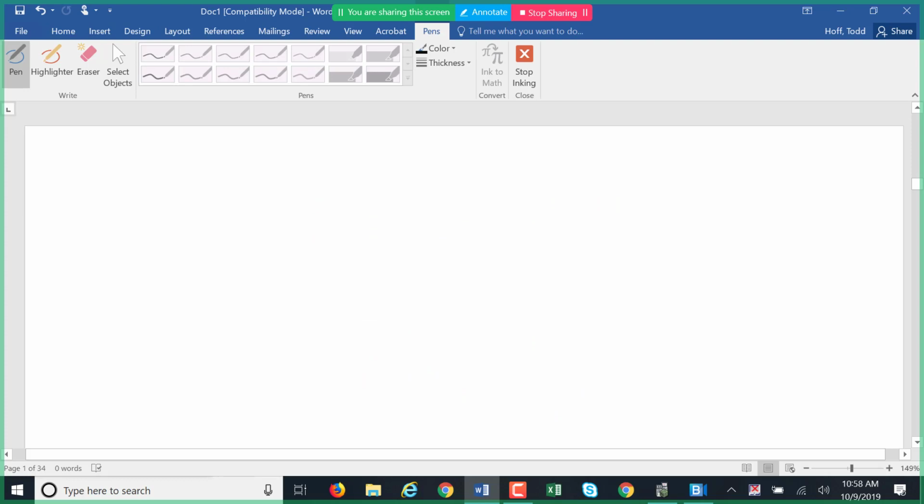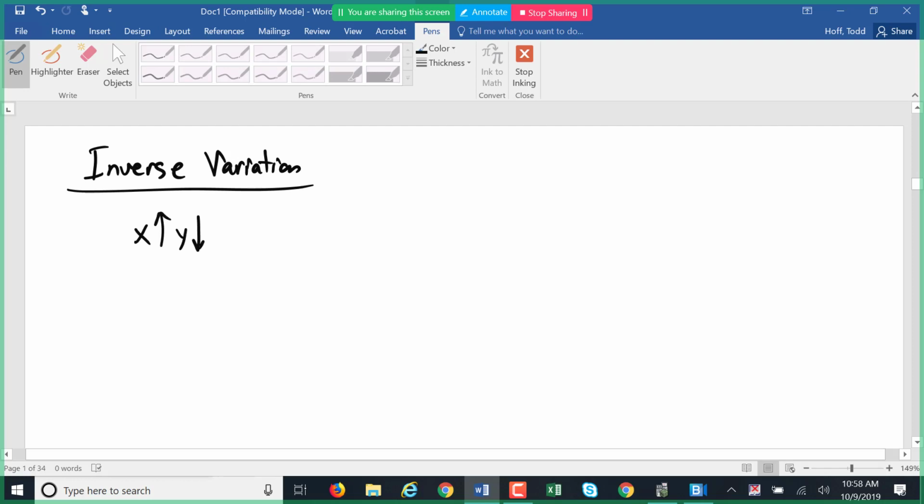Inverse variation works the opposite direction. In inverse variation, if the value of x gets larger, the value of y has to get smaller in a proportional amount. Or the other way around, if x gets smaller, y has to get larger.